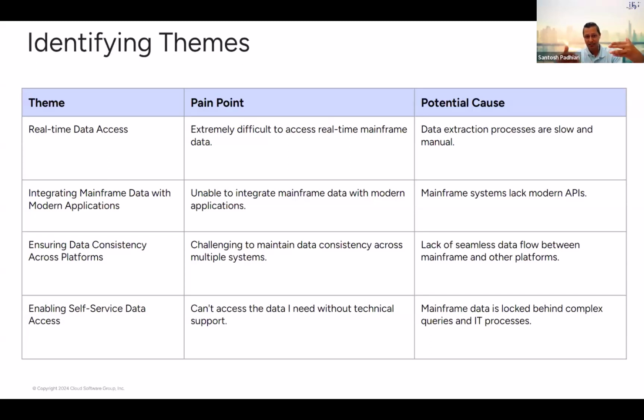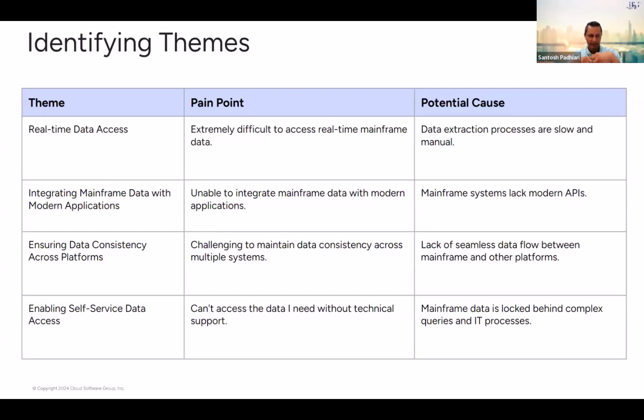They need to consistently provide patient data across their different systems, and they're unable to do it because there's no seamless data flow from their systems running on mainframe to their patient-facing or provider-facing apps. That results in inconsistent patient records, which could lead to potential medical errors and overall impact patient care.